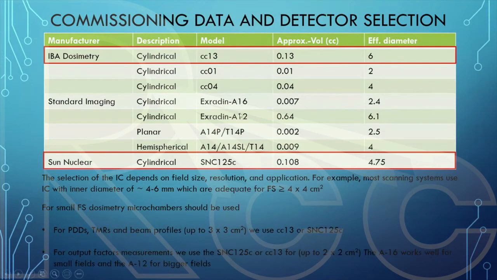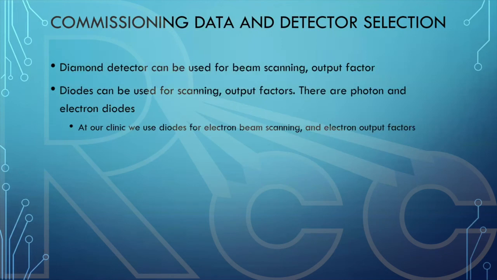I highlighted these two. We have the Sun Nuclear, A16, and A12 in the clinic. In the next lecture, I'm going to show you comparisons so you have a better idea of what we have and what we have used before.